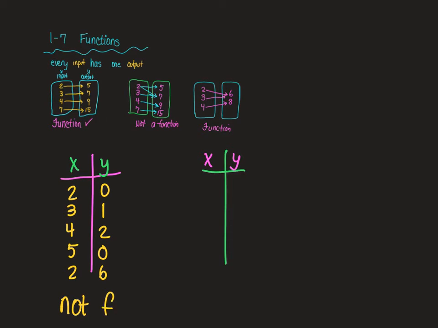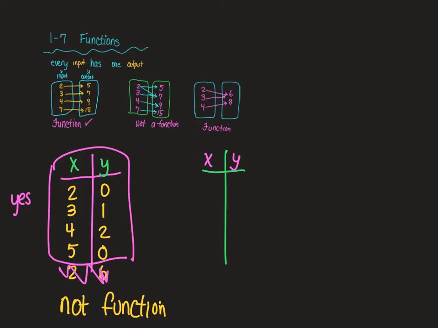Okay, so it's not a function the way it is. If I took this guy off and I just had that, then yes, it's a function. Just this section, but with the whole thing, it was no. All right, look at this next table and decide, is it a function? Your eye should go down this column.